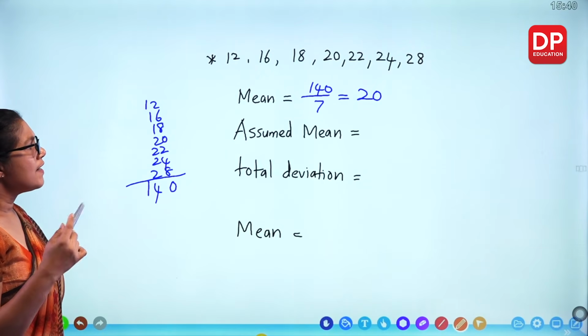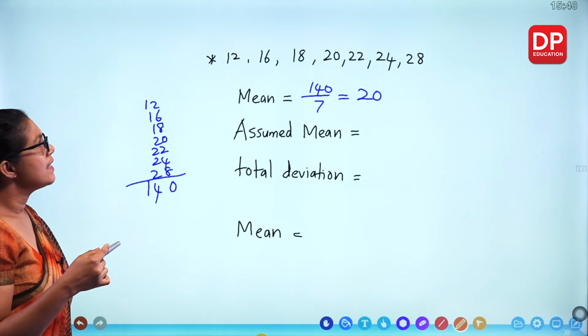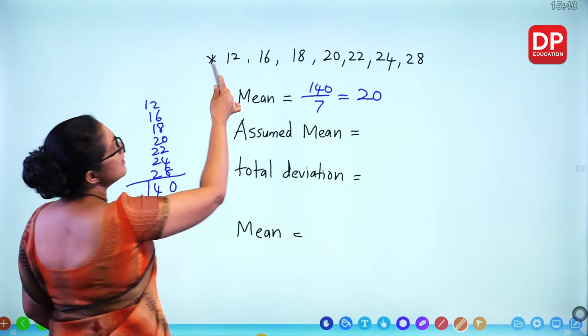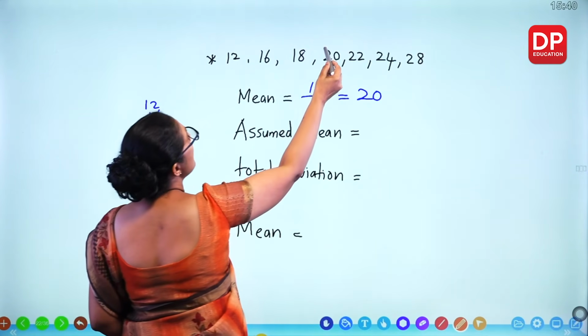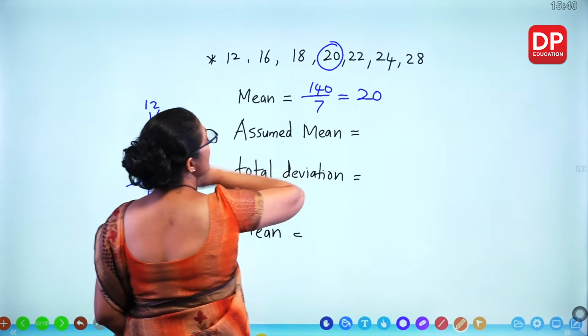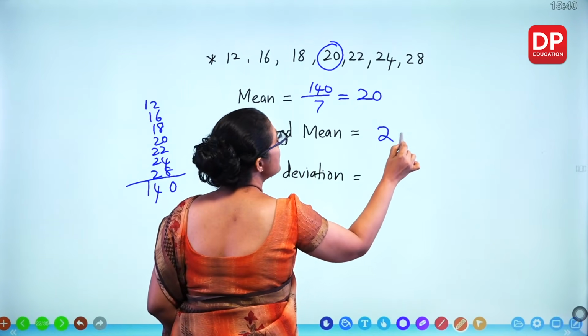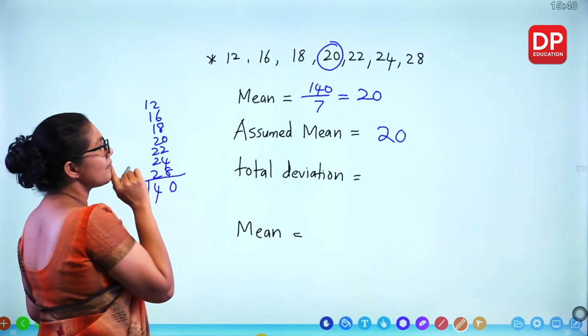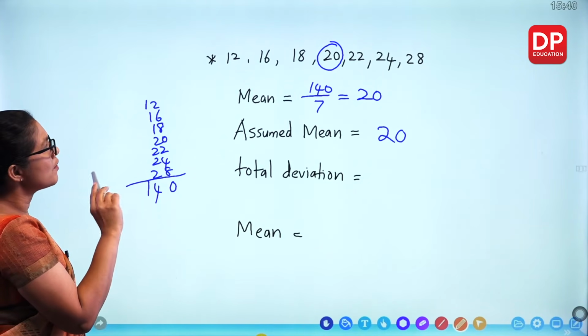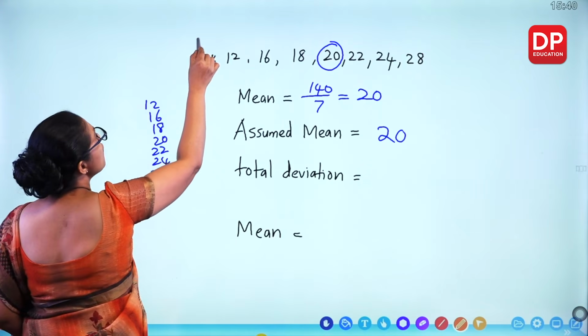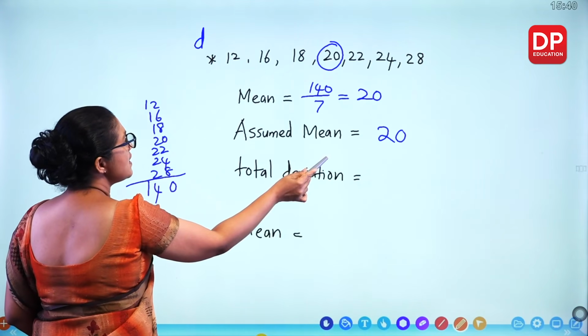But if we take the assumed mean as the middle value, something like 20. If the assumed mean is 20, we'll calculate the deviations for each value with 20.